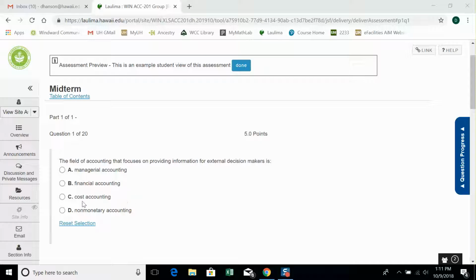Cost accounting is more along the lines of managerial accounting. So cost accounting is focused on internal users, and non-monetary accounting is probably just a little bit of noise in there, so that doesn't make any sense in this question. So I'm going to go with B.